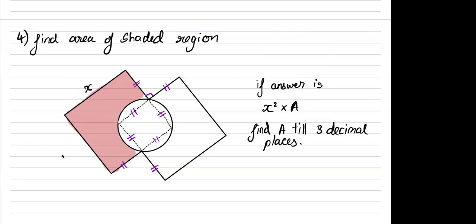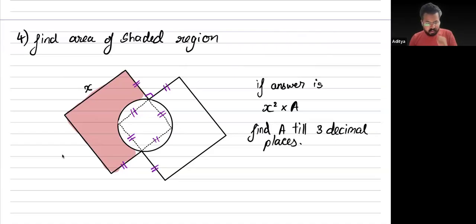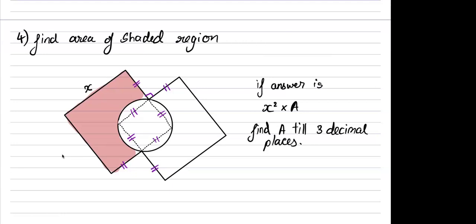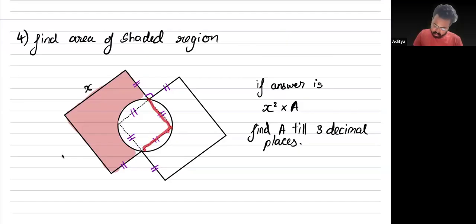Sir, I first made a complete square. Yashraj, your answer is correct. I'm asking Atish and Arush. Sir, the parts which are equal inside the circle, I took x by 2, x by 2, and then by Pythagoras theorem I found the diagonal length.